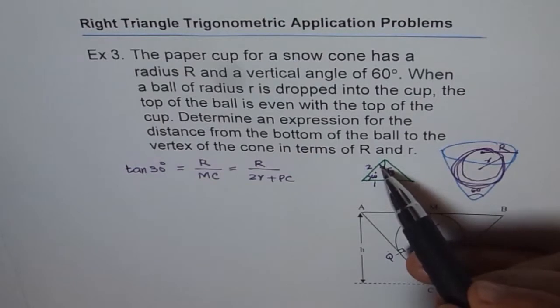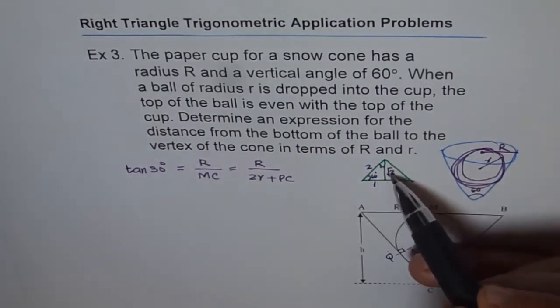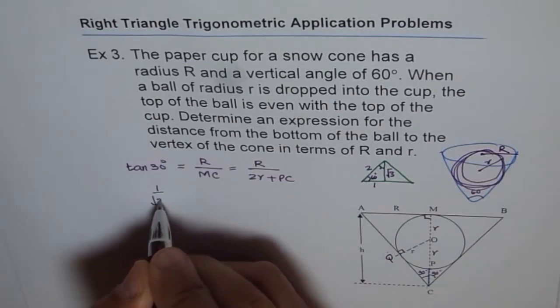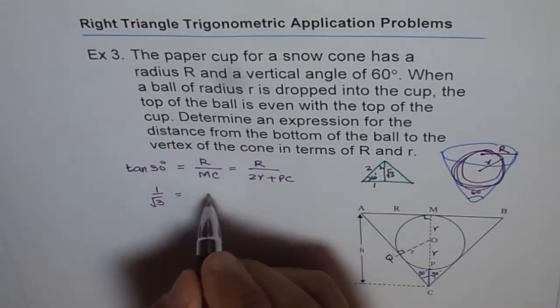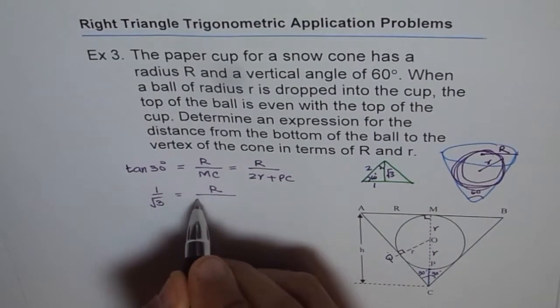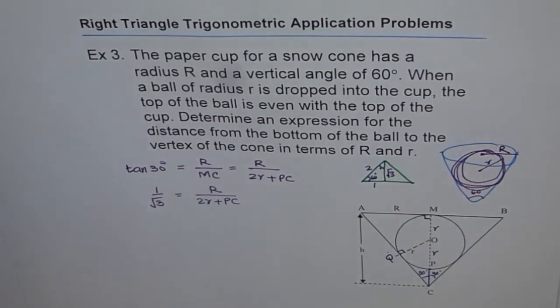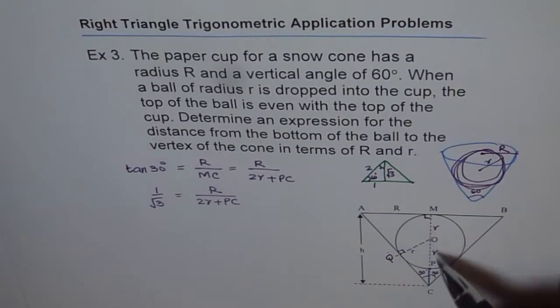So what is tan of 30? Tan of 30 is opposite over adjacent. So it is 1 over square root 3. So I can write this as 1 over square root 3 is equal to capital R over 2r plus PC. So we get an equation which relates R, small r, and PC.